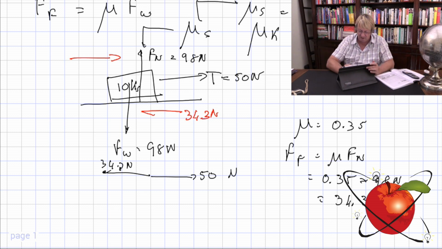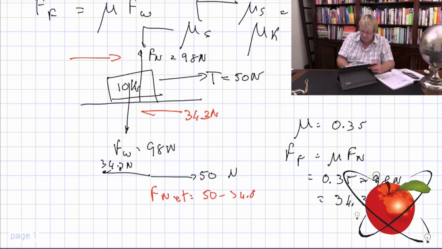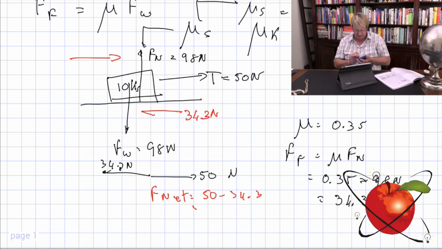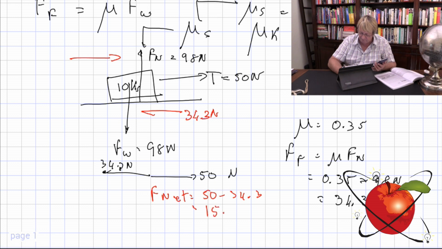Just looking horizontally, our F net in this case is 50 minus 34.3, which is equal to 15.7 newtons.